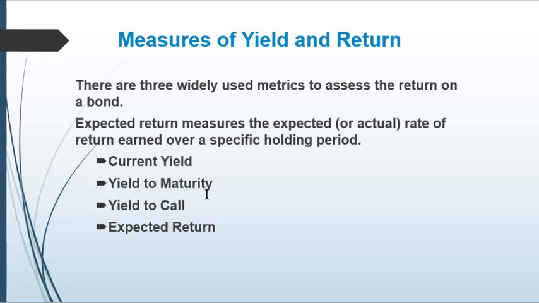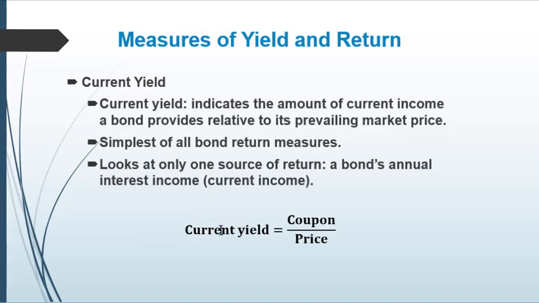But for long-term investors, we're really interested in these 3 widely used metrics: the yield to maturity, the yield to call, and what we're going to refer to as the expected return. So let's work our way through these. The current yield is just the coupon divided by the price. It's very simple to calculate, right?